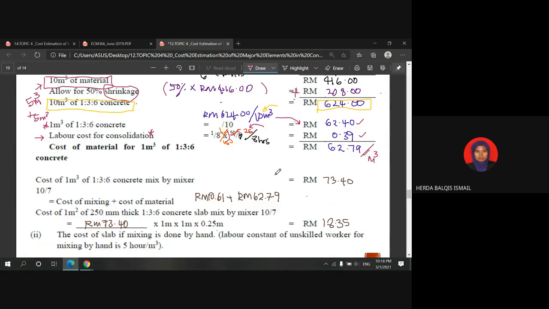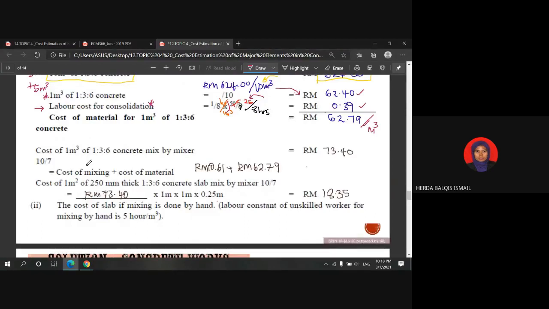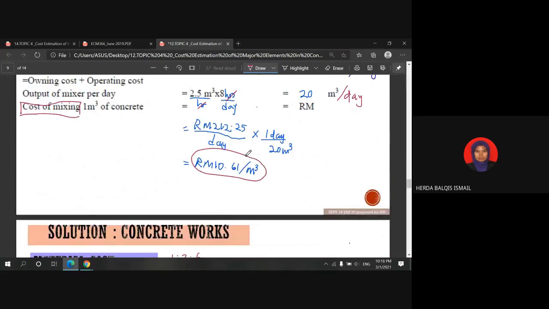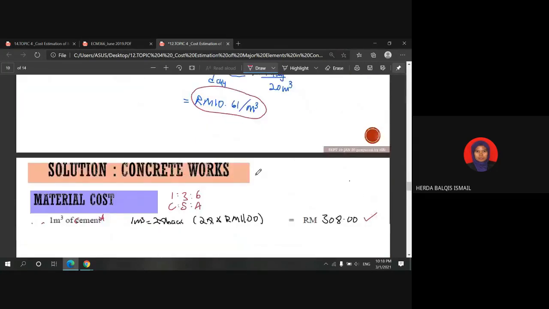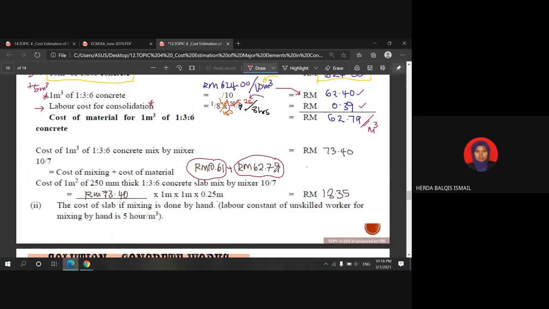Okay, that is the material cost. To get the overall cost of the concrete mixed using the mixer, you need to combine these two costs: the cost of mixing, which we already calculated earlier in this section, per cubic meter, and the material cost per cubic meter.